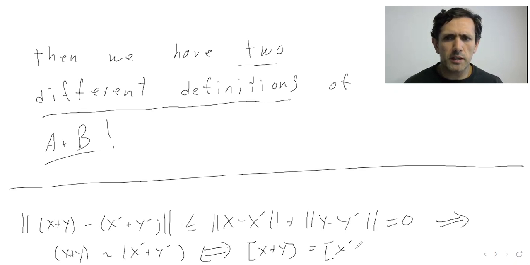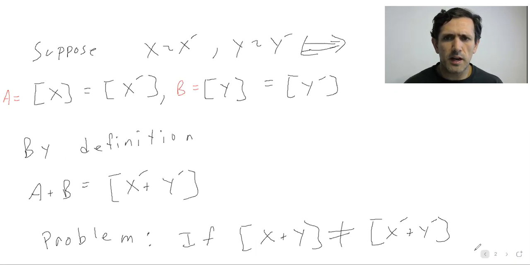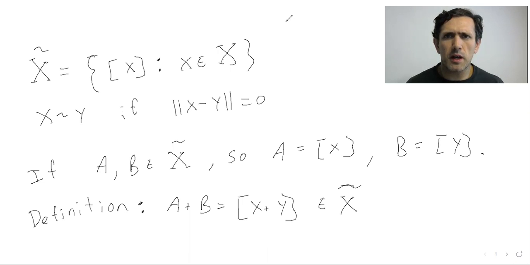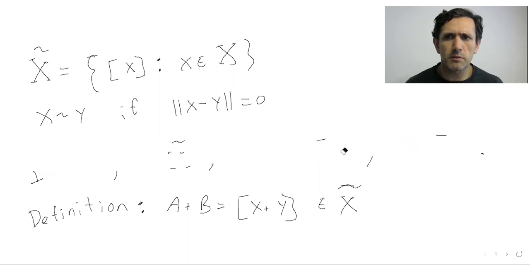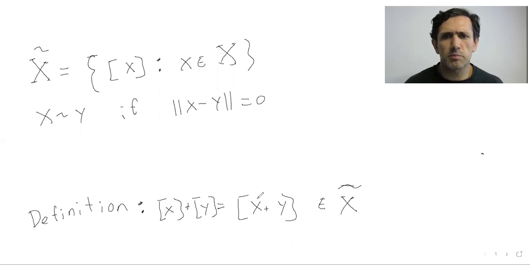So the punchline that I'm really trying to emphasize is, let me redo this a little bit, making it intentionally a little more muddled. By definition, we're saying the class generated by x plus the class generated by y is the class generated by x plus y.